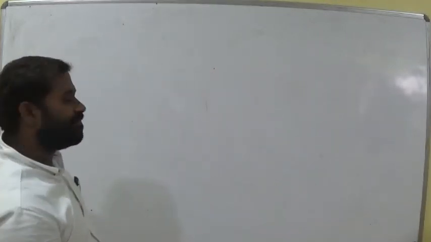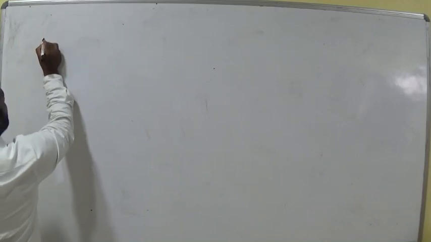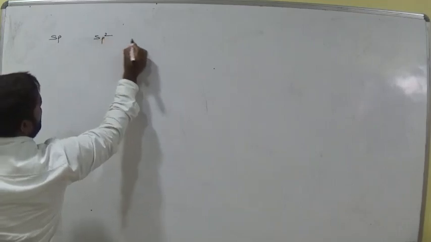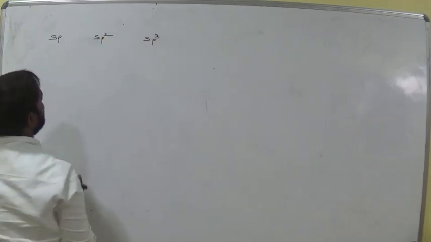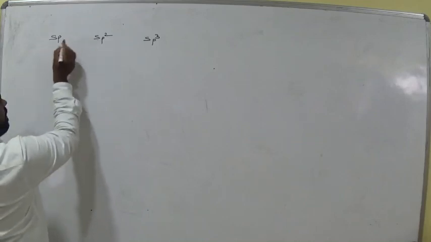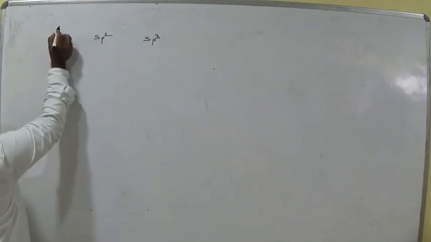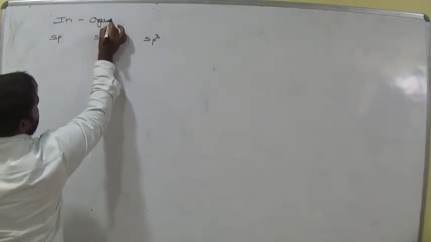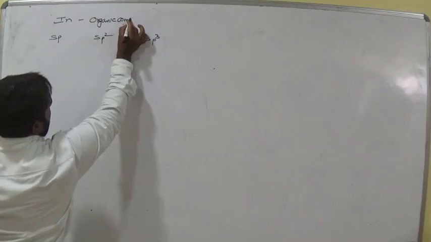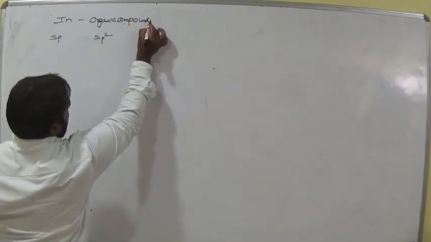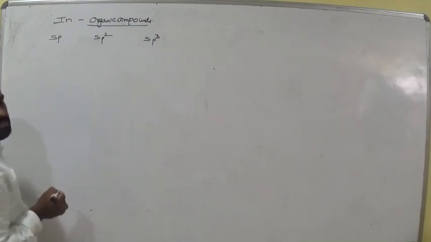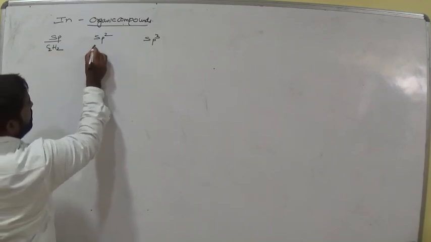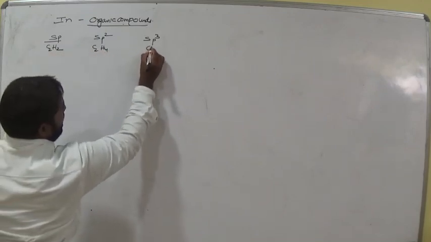So finally: sp, sp2, sp3. Am I right? Okay, I would like to explain this only for organic compounds. In organic compounds, sp example is C2H2, sp2 is C2H4, and sp3 is CH4, hydrocarbons.